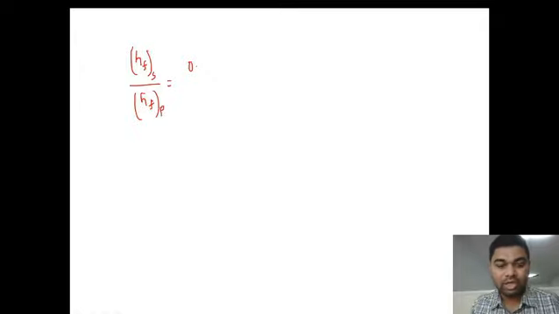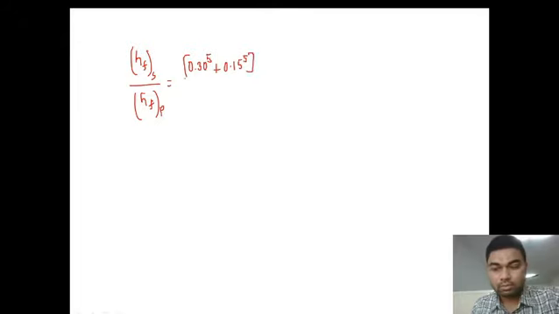If you solve this above equation, 0.30 whole to the power of 5 plus 0.15 whole to the power of 5 into 6.657 whole square divided by 0.30 whole to the power of 5.